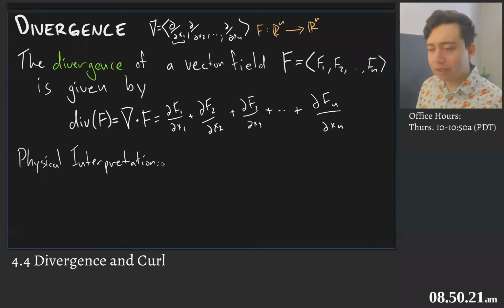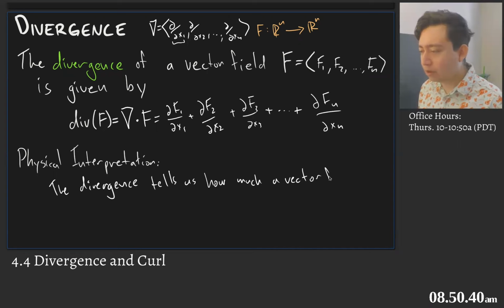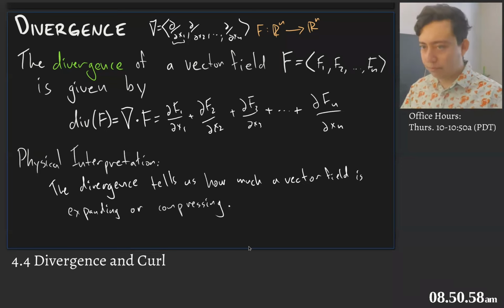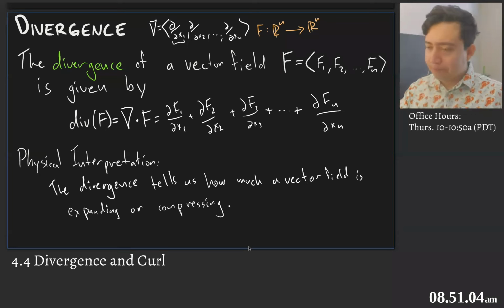So the divergence tells us how much a vector field is expanding or compressing.